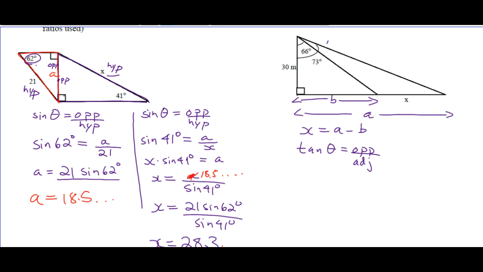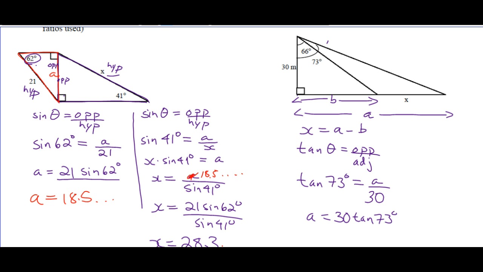So if we want to do little a, what angle are we using, 66 or 73? Okay, so the tan of 73 degrees is little a over, what's the adjacent side? 30. Like she said a minute ago. So a is equal to 30 times the tan of 73 degrees, right?